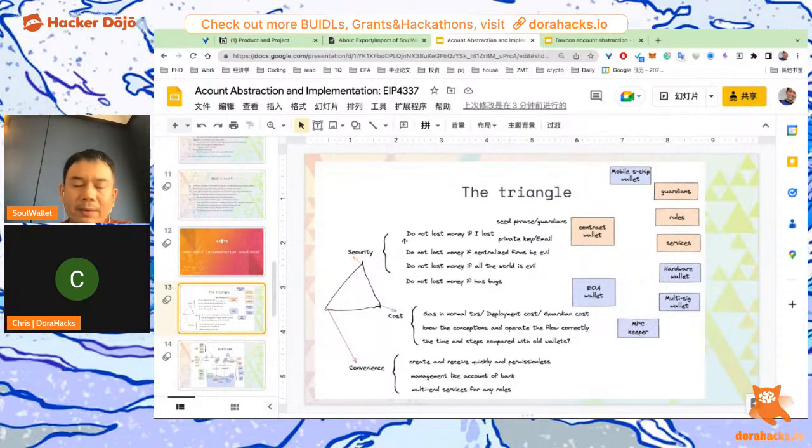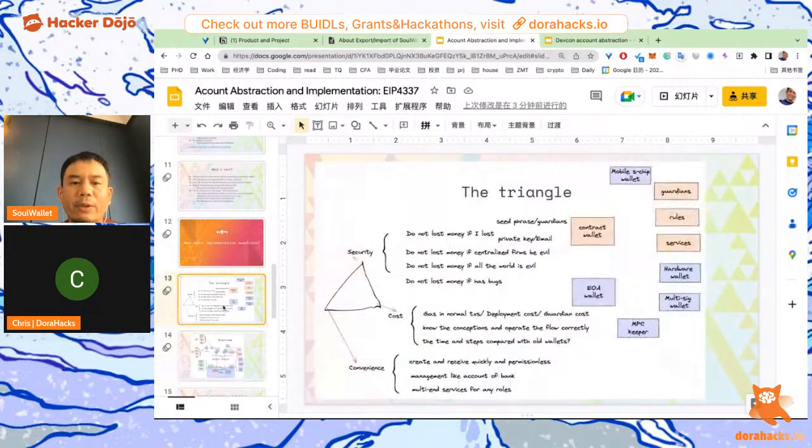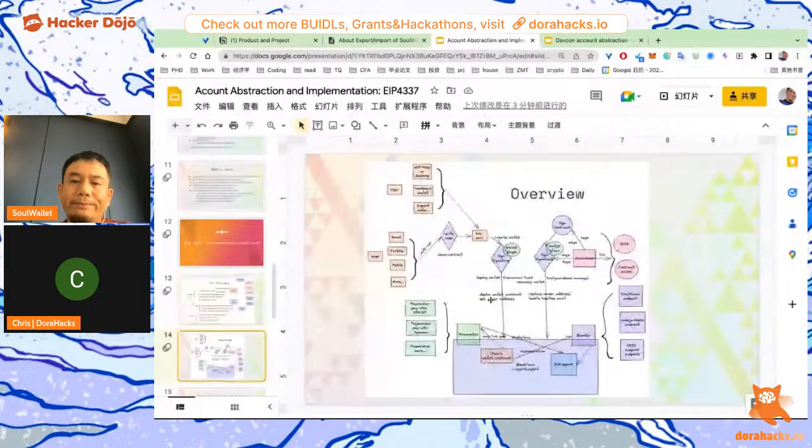You can see this triangle: we keep a balance between security, cost, and convenience, and find the best practice to build a wallet for keeping your crypto account. So this is an overview of all the procedures: the account, verify users, the paymaster, the bundler, and the entry point.